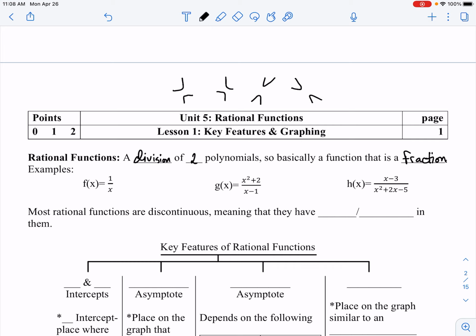So on page 2, I have 3 examples. I'm just going to cover one. So to find the x-intercept, remember, just set y equal to 0 and solve for x. So if I have y value, you can just add in y equals, and we'll type this. We'll go to Desmos.